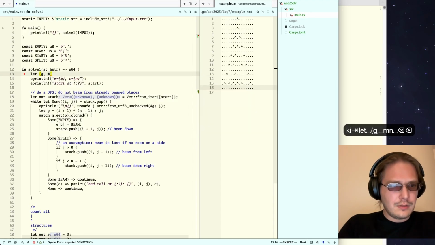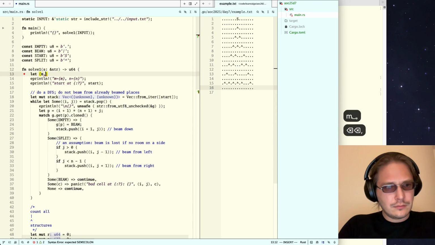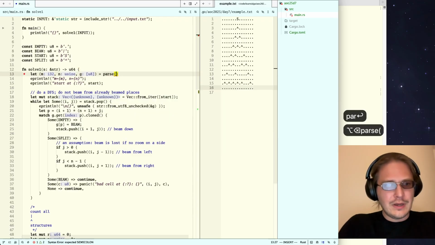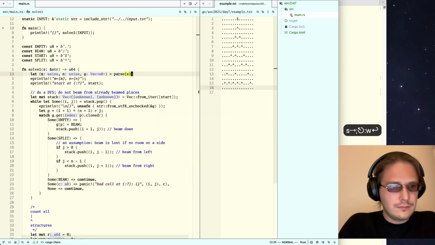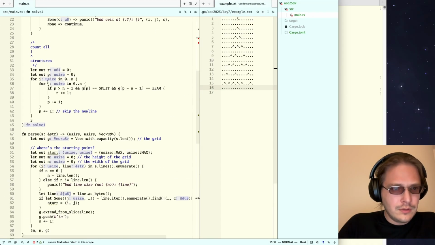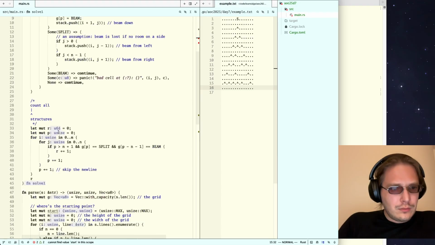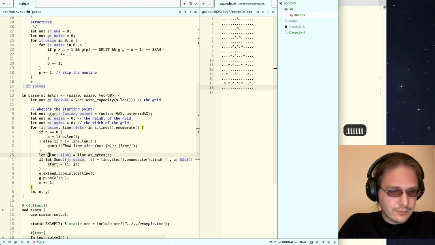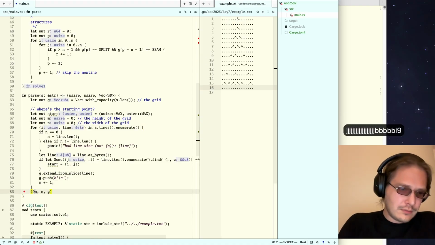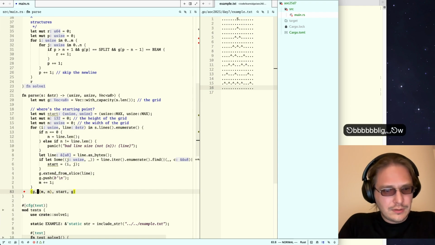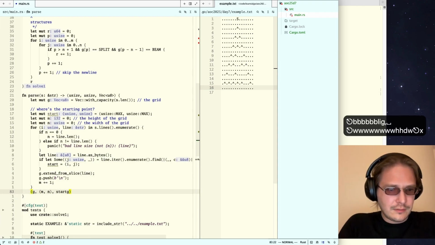Grid parse s. Okay. Does it still make sense now? No. Oh, start. I also have to return start. So this is the size, this is the start, grid, size, and the start.